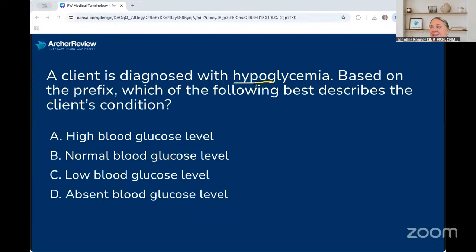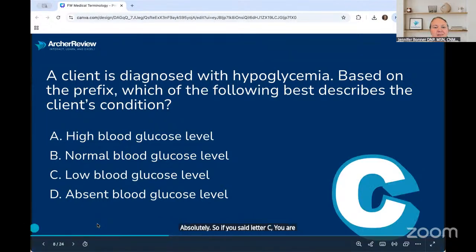Many of you are getting this. Nice work. Hypo is low, so low blood glucose. If you said letter C, you are absolutely correct. Nice job. Let's look at one more.